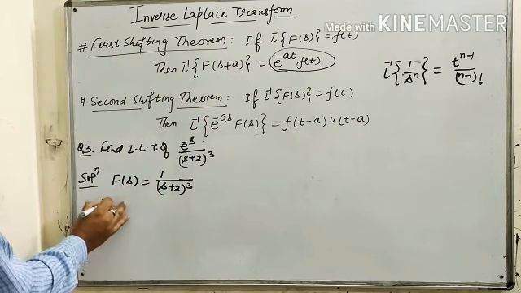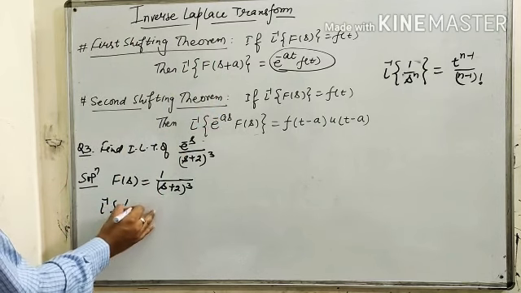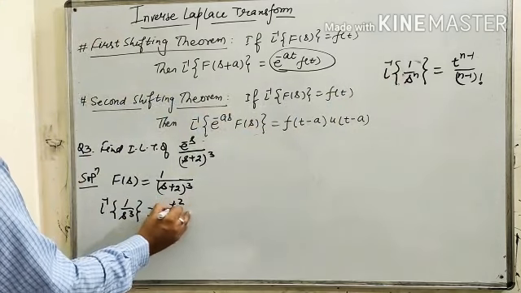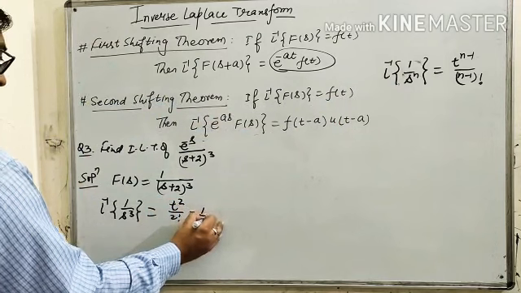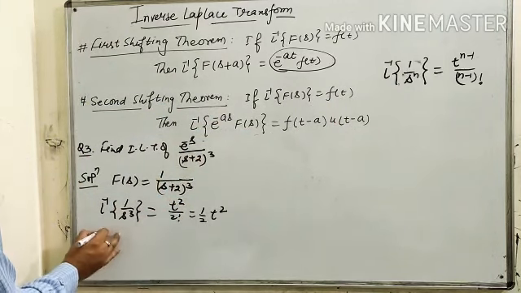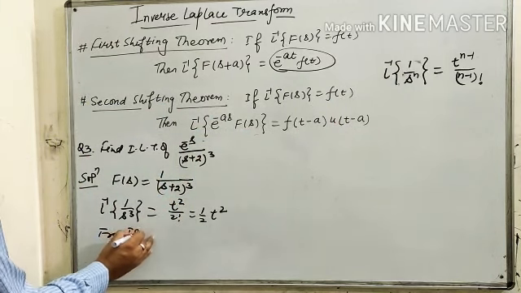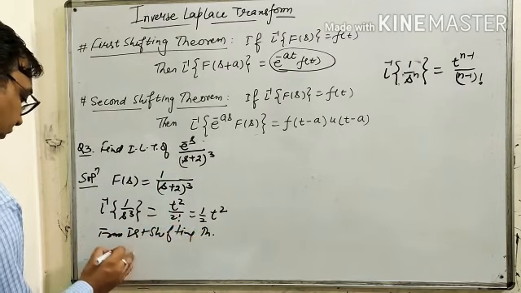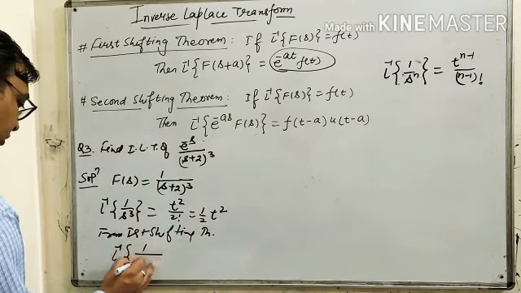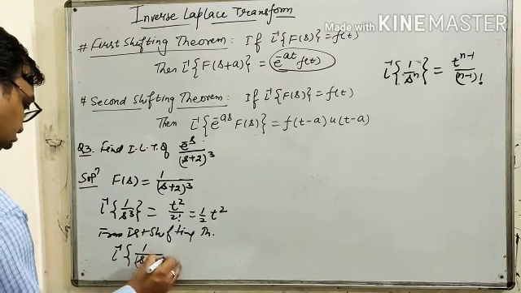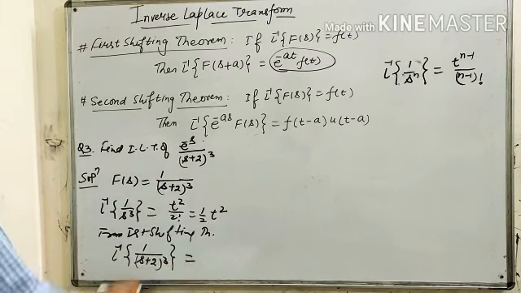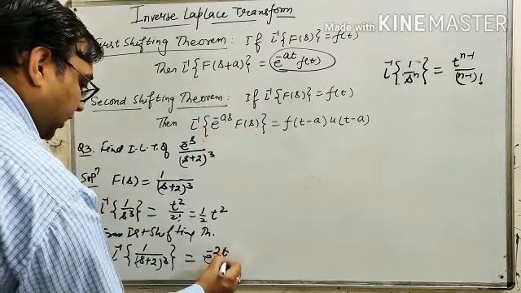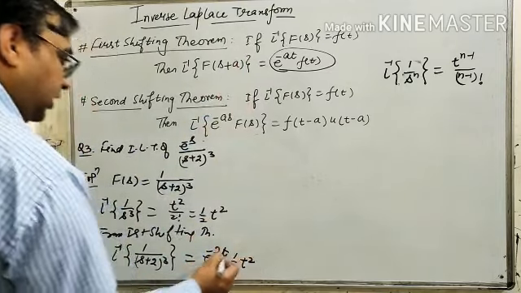So inverse Laplace of 1 upon s^3 can be found by this particular formula, that is t^2 upon 2 factorial, or we can write it as 1/2 t^2. So from first shifting theorem, inverse Laplace of 1 upon (s+2)^3 is equal to, a is 2, so e^(-2t) into 1/2 t^2.